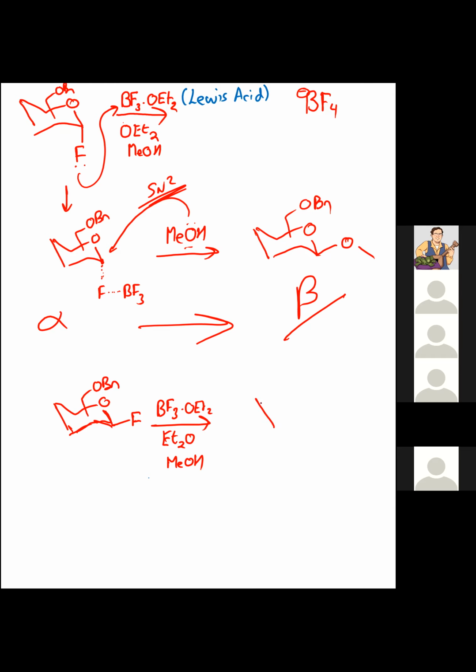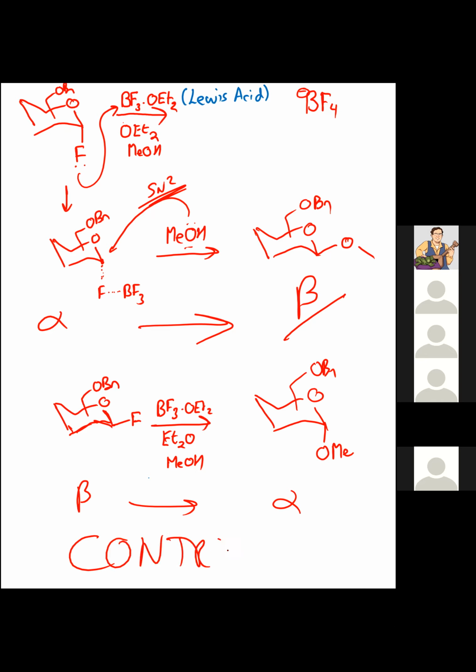Then this is going to give the alpha. Exactly the same logic. So suddenly we now have control, and it's independent of the anomeric effect. And it's independent of anchimeric assistance.